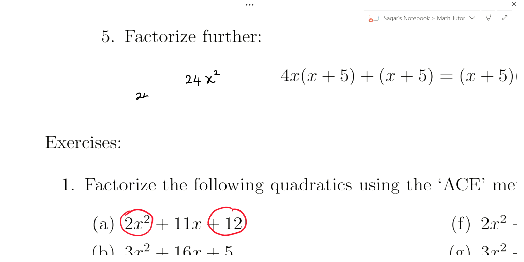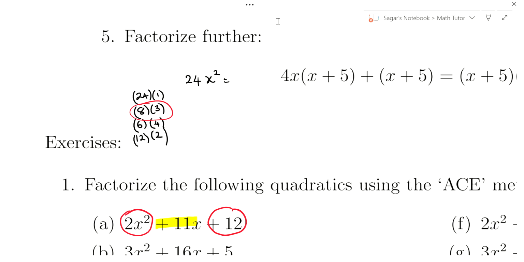Those terms are 24 and 1, 8 and 3, 6 and 4, 12 and 2. I think that's about it. So now these two terms also need to give us plus 11, and I see 8 and 3 is what we need.